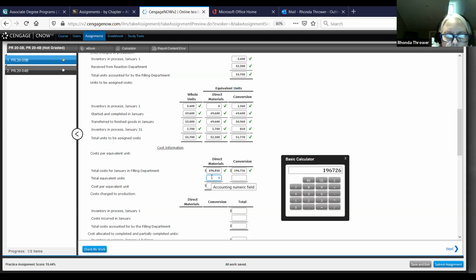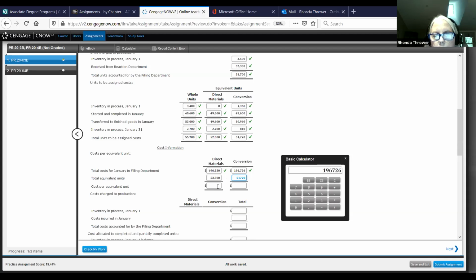We calculated that earlier, and that figure right there comes from this figure right here. Our total equivalent units for conversion is 51,770. And it comes from right here.